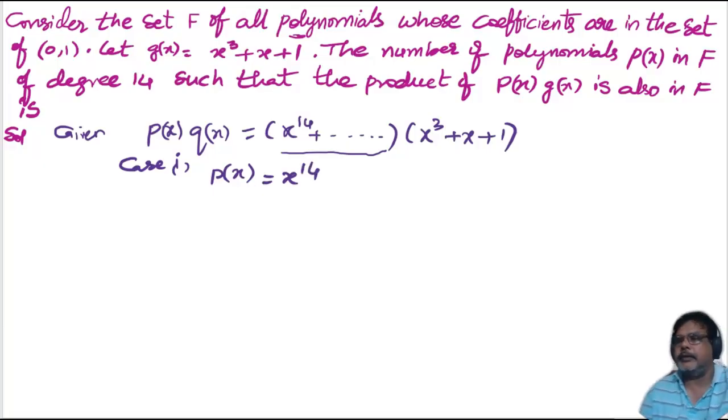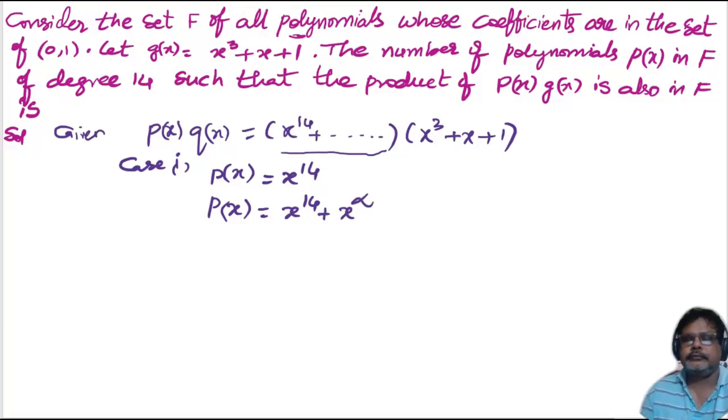Next, P(x) is equal to x power 14 plus x power alpha. So this alpha may be 9, 8, and so on up to 1, or you may get 0 also. So here in total you will get 11 cases.